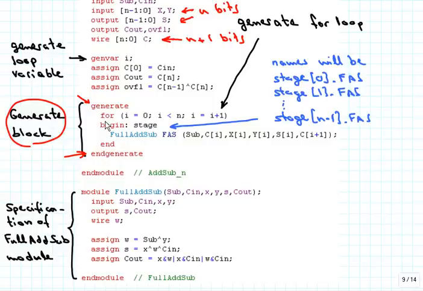But then for the for loop, we do need the keyword begin and the colon here, because we have to give the compiler a chance to name all those instantiations, to give them unique names. And the way this is being done is with that label here, so this is the for loop label.